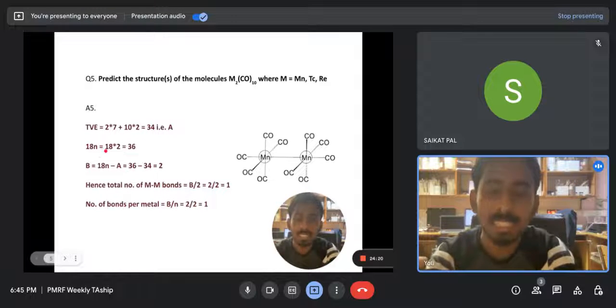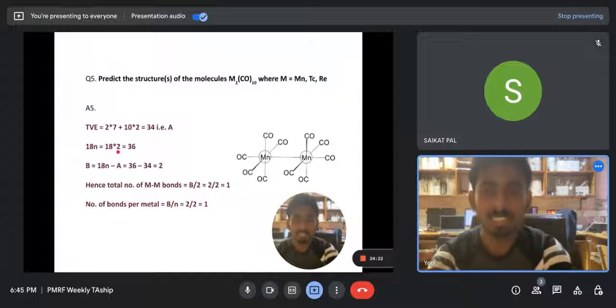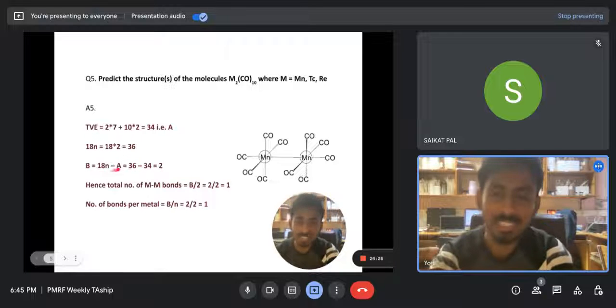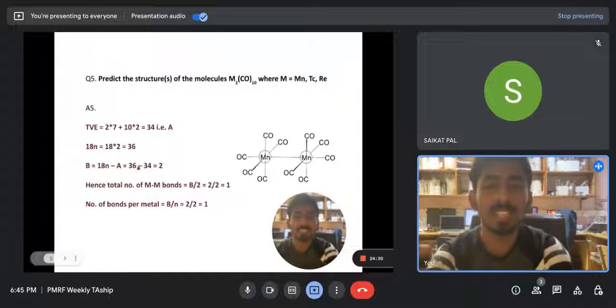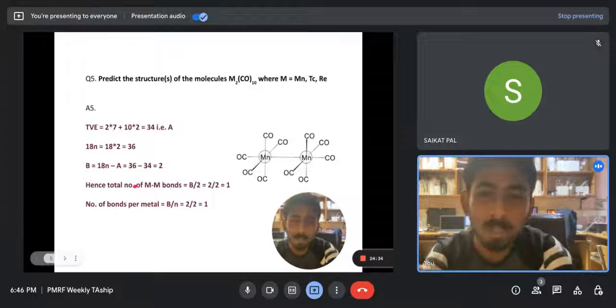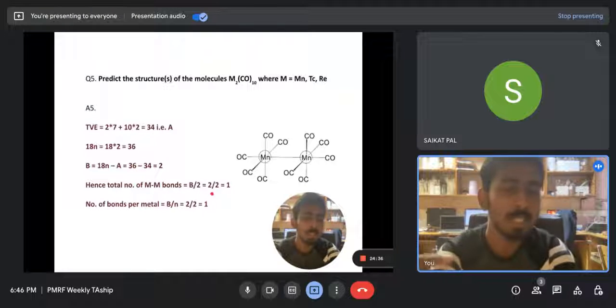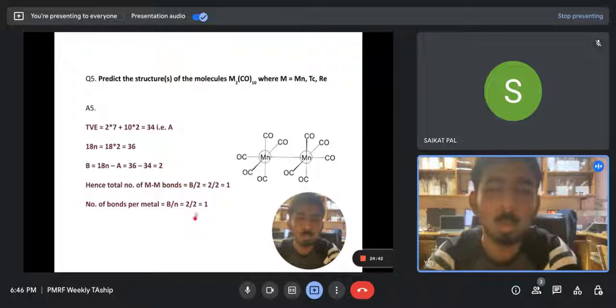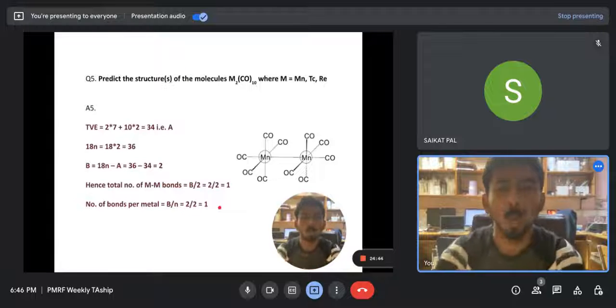The 18n is 18 into 2, because there are two metal atoms. So 18 into 2 is 36. So we will calculate B as 18n minus A, that is 18 into 2 minus 34, that is 2. So the total number of metal metal bonds is B by 2, that is 2 by 2 is 1. And number of bonds per metal, that is B by N, that is 2 by 2, is equal to 1.